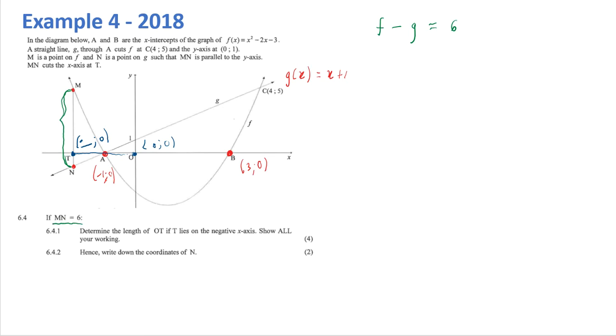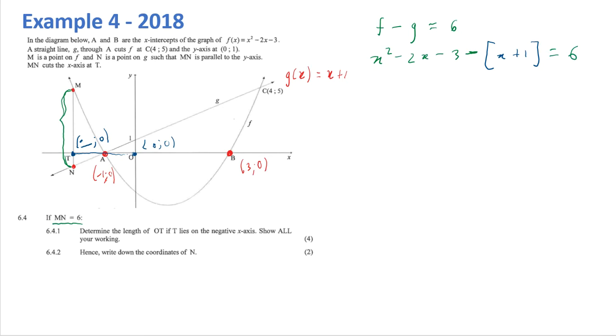And conveniently, both of these points are located on different graphs. So we know this function f is x squared minus 2x minus 3. We know from question 6.1 that the value of g(x) is x plus 1. And this equals 6.